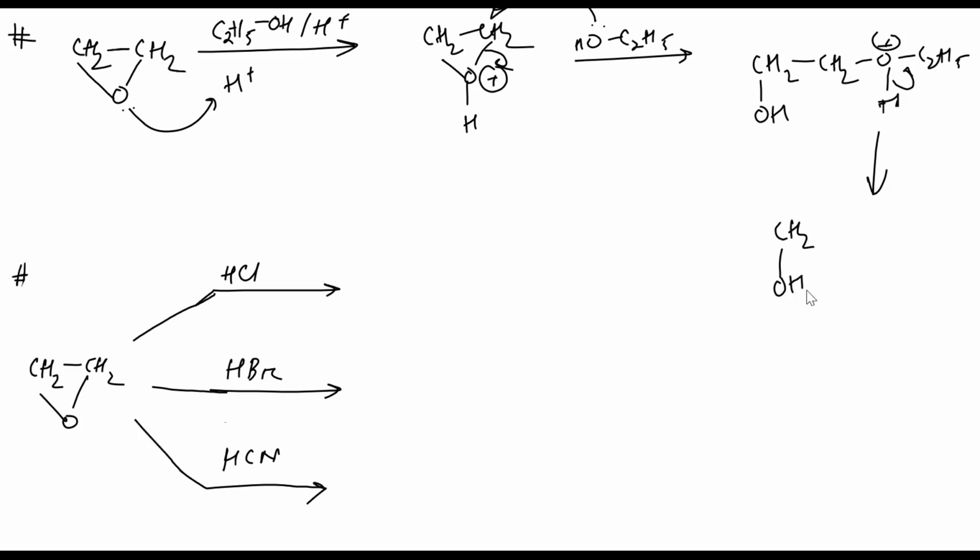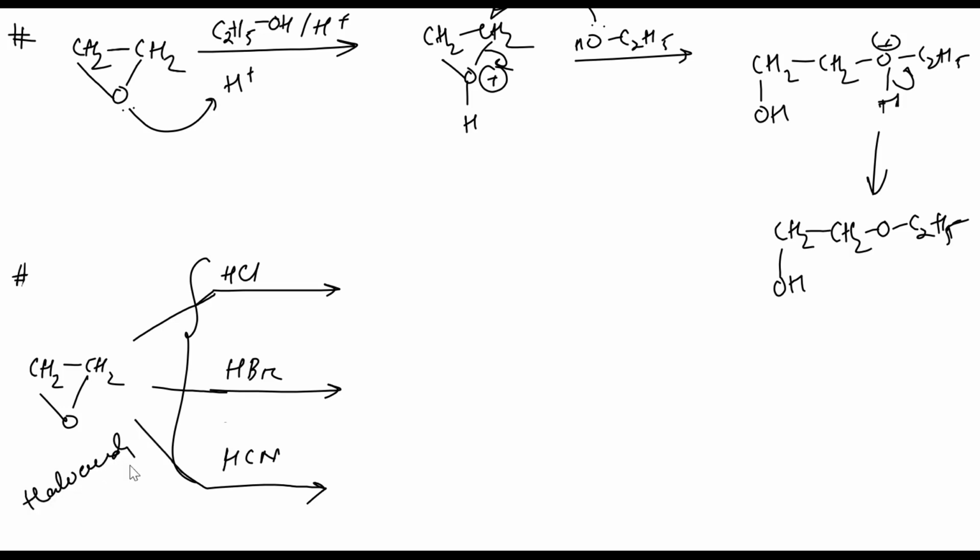Okay, next we will see the reaction of epoxides with haloacids. These are collectively known as haloacids. So let us see, if this reacts with HCl, this HCl will break down to H plus Cl minus.